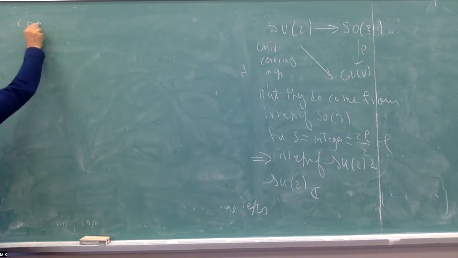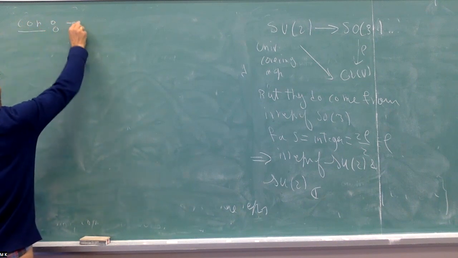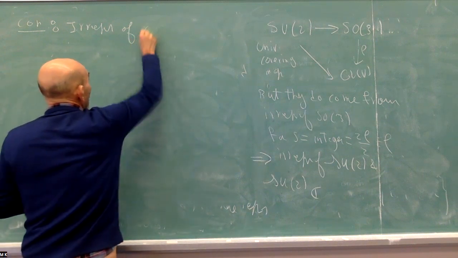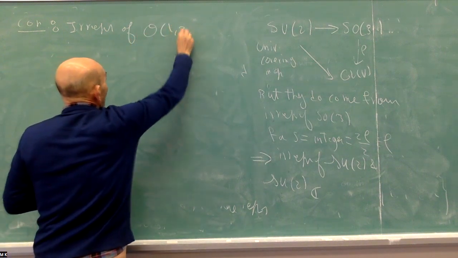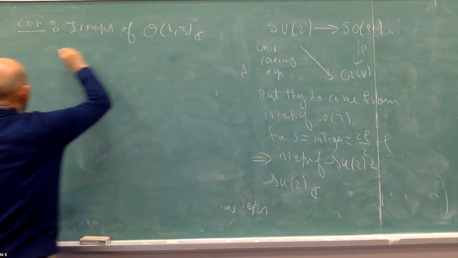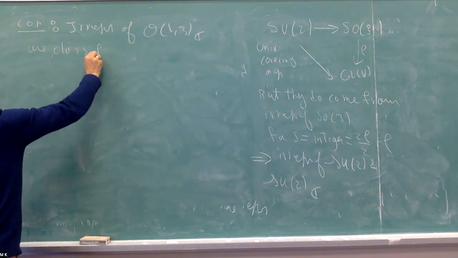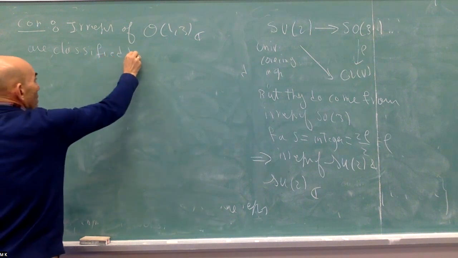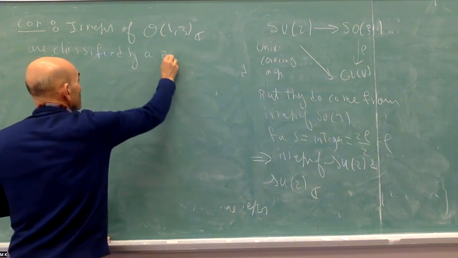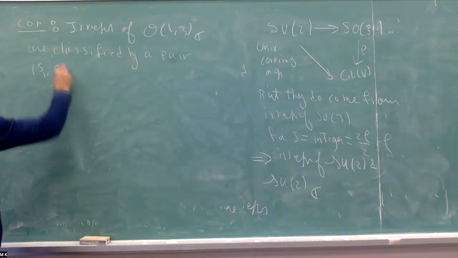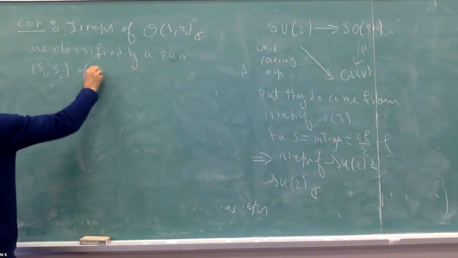The corollary is that irreps of so(1,3)C are classified by a pair s1, s2 of spin indices.